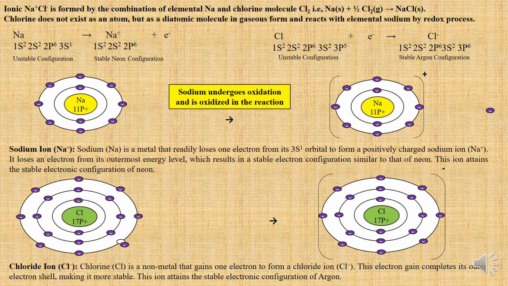So this ion attains the stable electronic configuration of argon. Now here in this process, chlorine undergoes reduction, that is, it has gained 1 electron, filling the outermost shell, and is reduced in the reaction. So sodium is undergoing oxidation while chlorine is undergoing reduction during the formation of sodium chloride due to reaction between sodium and chlorine gas.